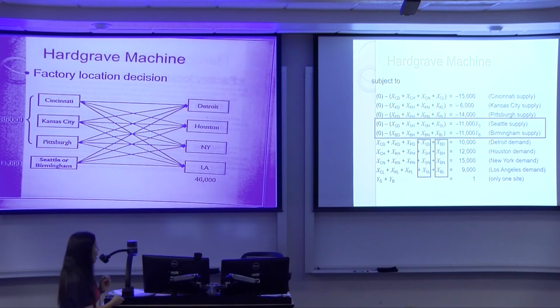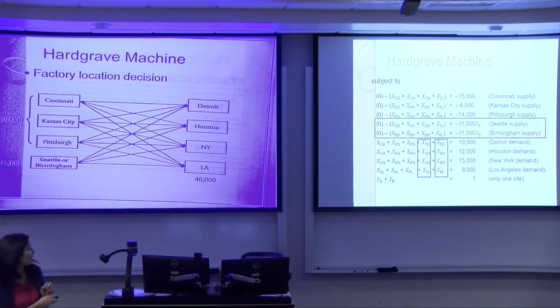But you have to multiply by YS. Why is that? Because if you do not open that plant, meaning YS equals 0, then you shouldn't have any outflow on the left-hand side. Only if YS equals 1 would you have this outflow. Moreover, the total outflow should be equal to 11,000. So that's what this means.